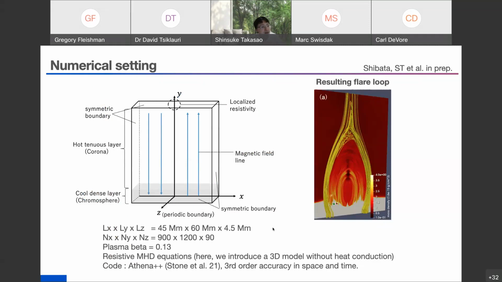So this is the numerical setting of our work. This is a very simplified model. We have an anti-parallel magnetic field, which is force free. We have a guide field around here. We have a cool dense layer representing the chromosphere, and above the chromosphere we have a hot tenuous layer.